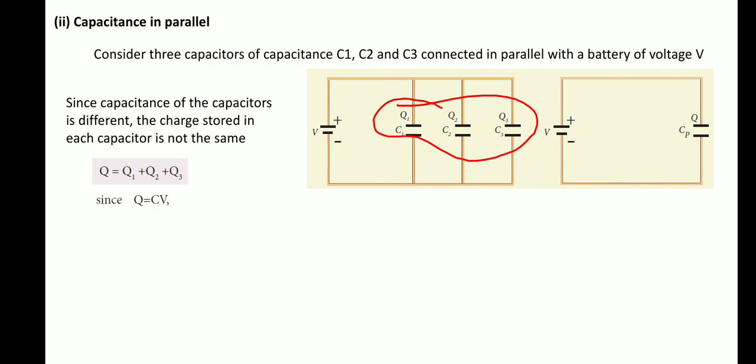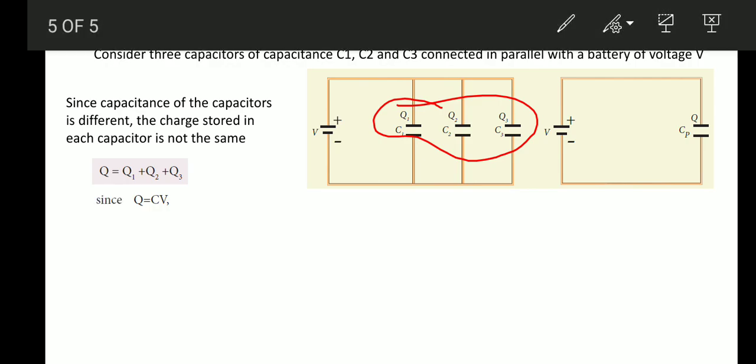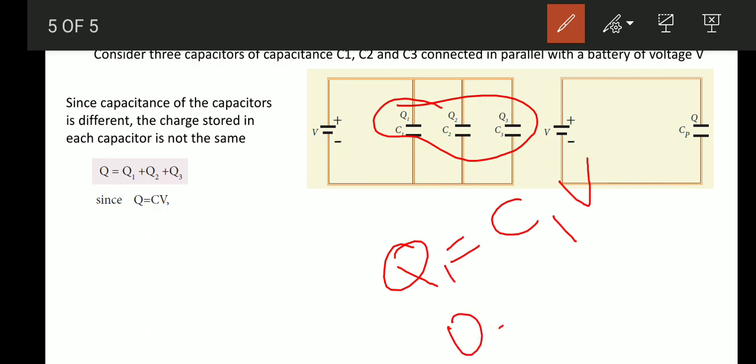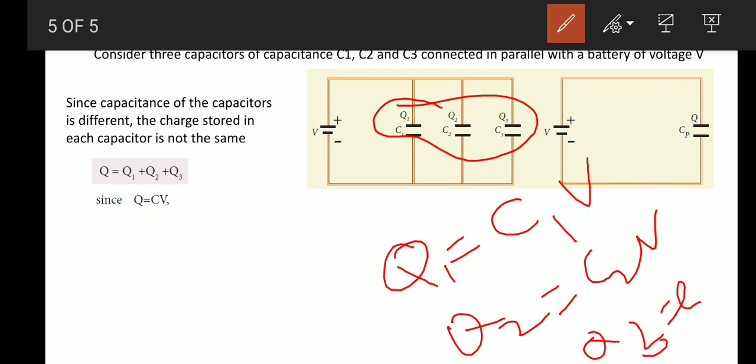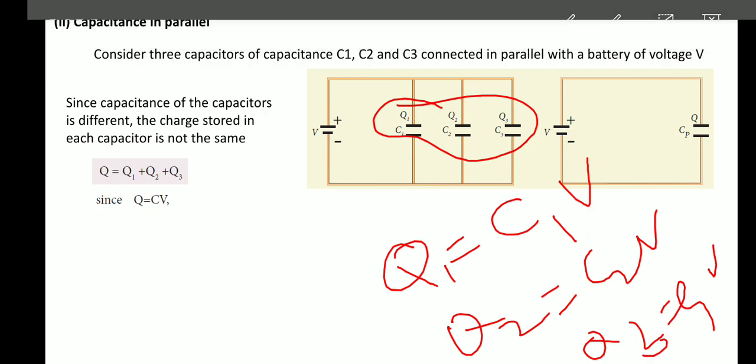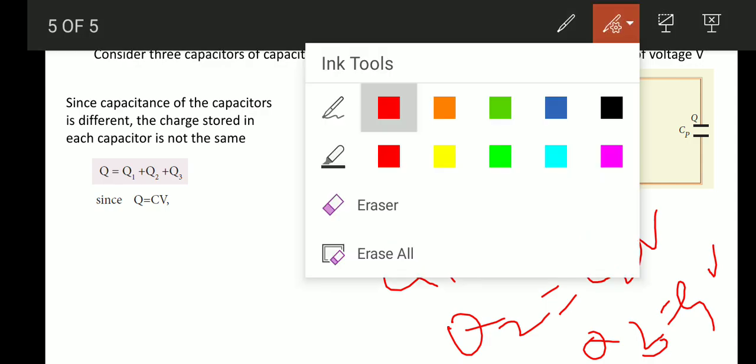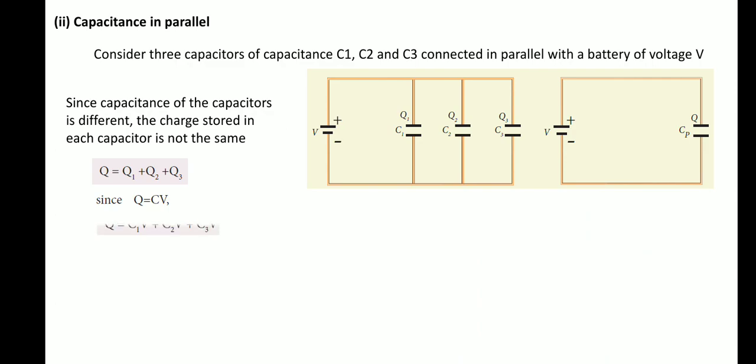Then Q is equal to CV. So the value of Q1 will be C1V, Q2 will be C2V, Q3 will be C3V. Here V is the same, the potential is the same in each capacitor. Substitute the values.